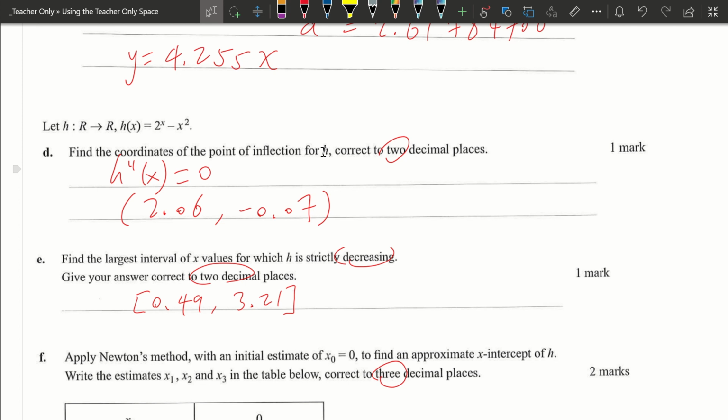When VCAA published the new study design, it was explicitly mentioned that using double derivatives to find exact coordinates of a point of inflection will not be necessary. It is explicitly not in the study design. Yet it appears in this exam question.